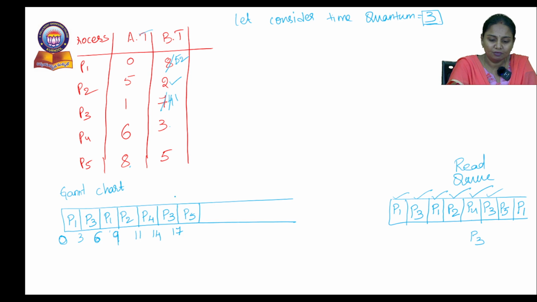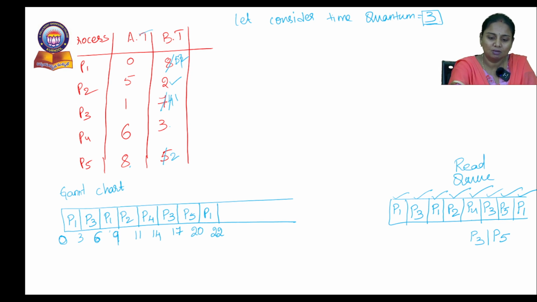P5 has 5, so it is going to use 3 units of time and it will become 2, so the time will be 20. After utilization, P5 will also come back into the ready queue. After P5, P1 will get the chance, and P1 now has only 2, so it uses that and the time becomes 22.